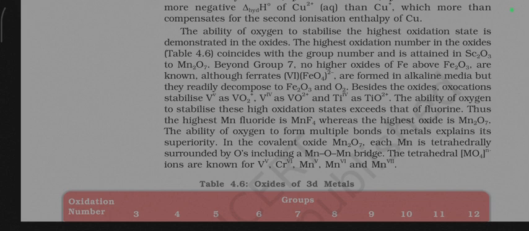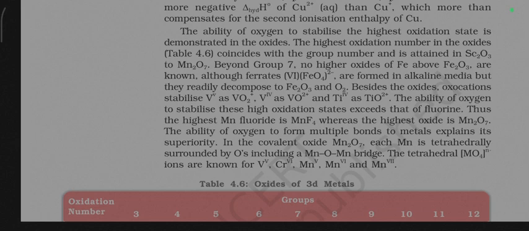Besides the oxides, oxocations stabilize V(V) as VO2+, V(IV) as VO2+, and Ti(IV) as TiO2+. The ability of oxygen to stabilize these high oxidation states exceeds that of fluorine. Thus, the highest Mn fluoride is MnF4, whereas the highest oxide is Mn2O7.